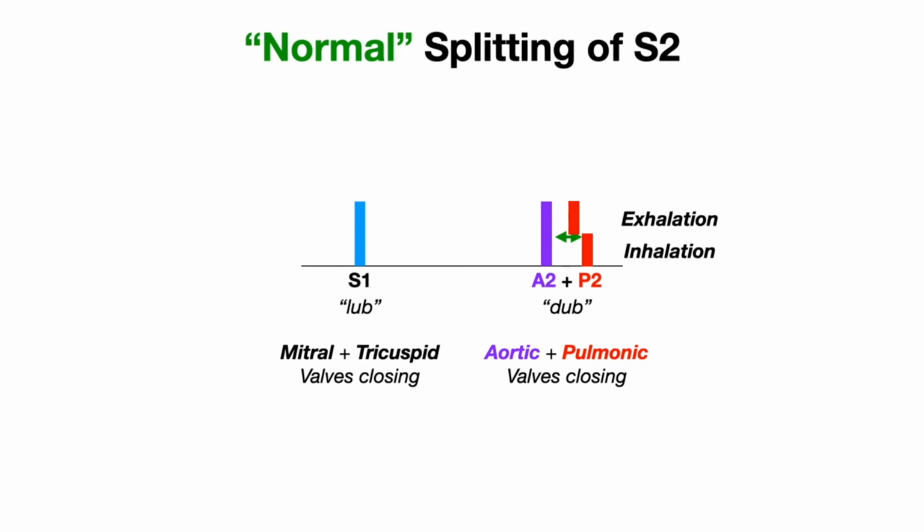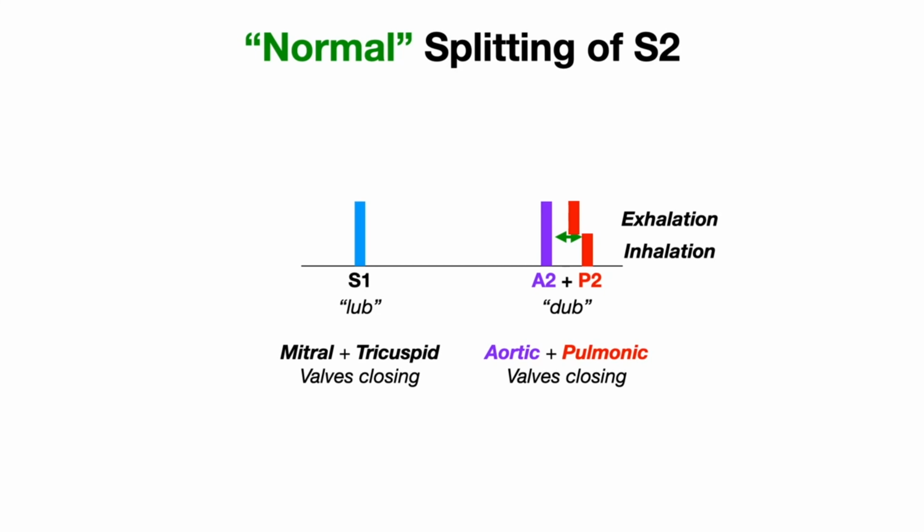So A2 will happen first because the aortic valve is closing, since not as much blood is flowing over the aortic valve when we zoom in and look at these milliseconds. But for that pulmonic heart sound during inhalation specifically, because more blood is flowing over the valve, it will have delayed closure of the P2 valve.